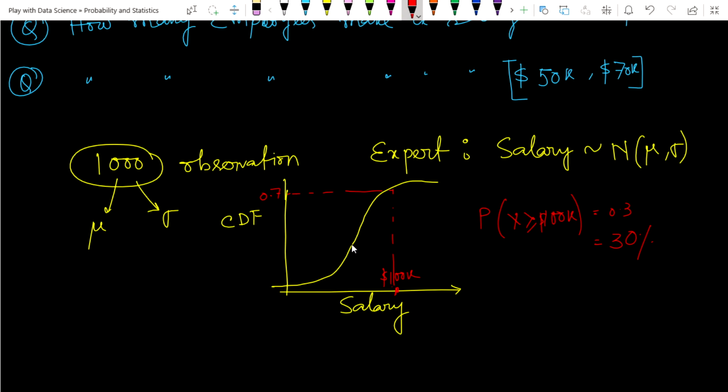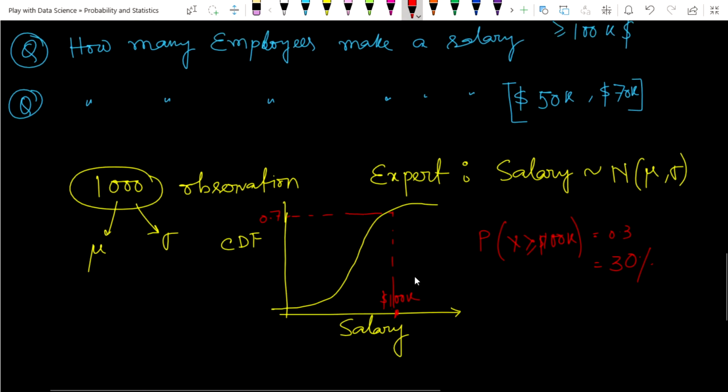And similarly we can easily find this. So how many points lie between 50 and 70k? Suppose here is the 50k, here is the 70k. Suppose the point here is 0.4, and the point at 70k is 0.6.